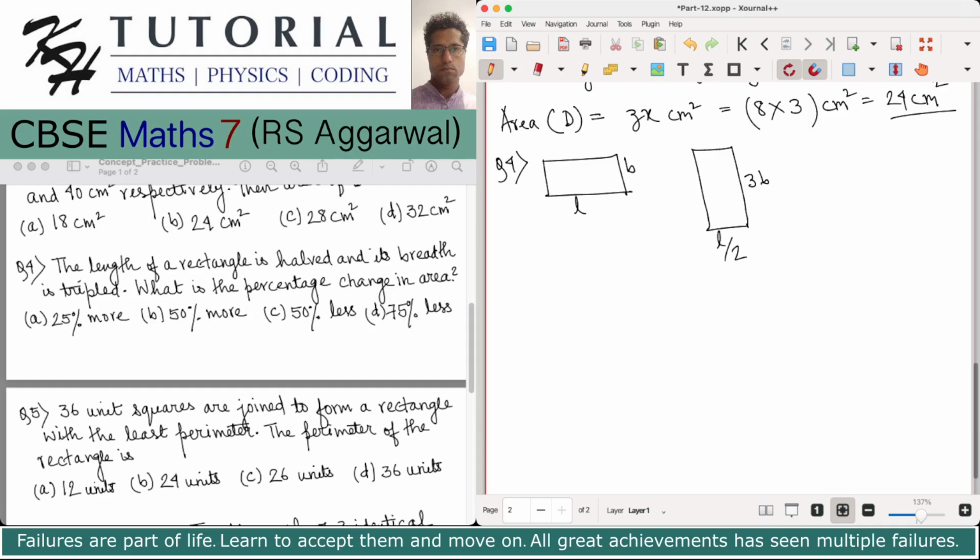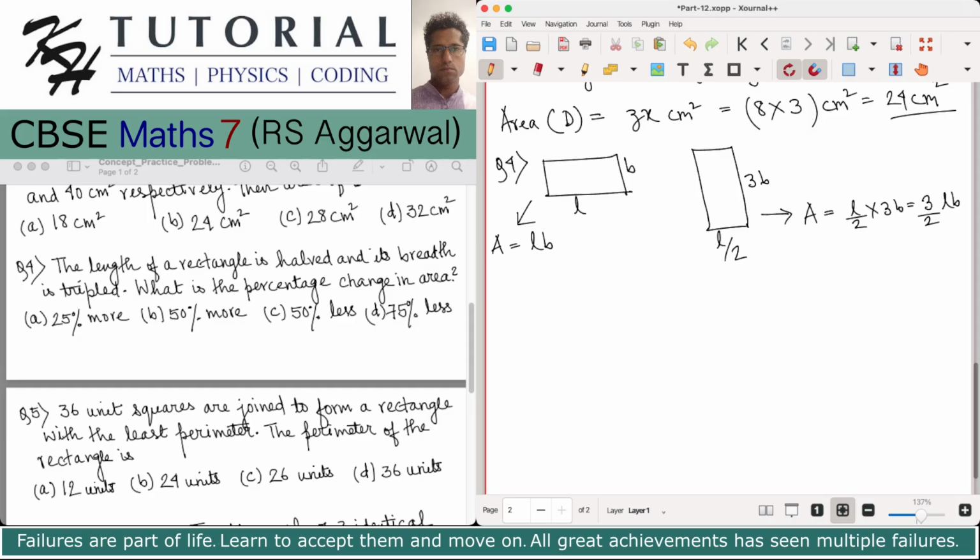Remember that the percentage change in area will be based on the original rectangle, whose length was L and breadth B. For the original rectangle, area is equal to LB, and for the new rectangle, area will be equal to L by 2 multiplied by 3B, which is equal to 3 by 2 LB.